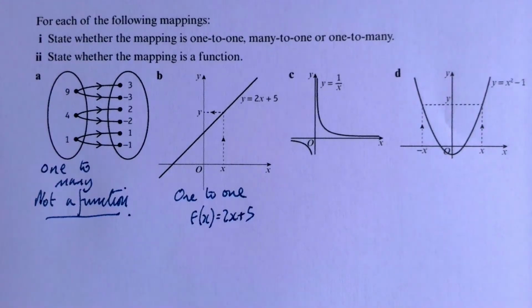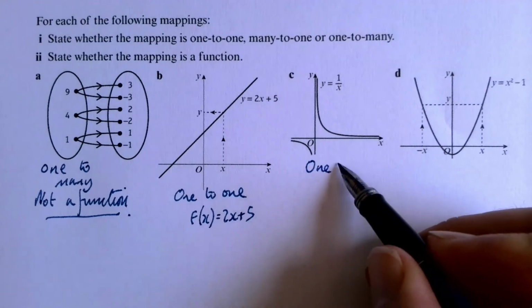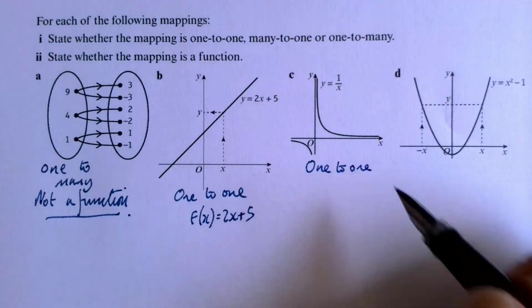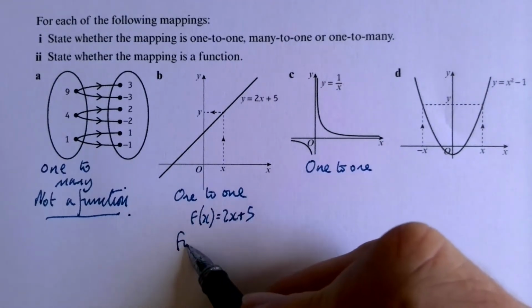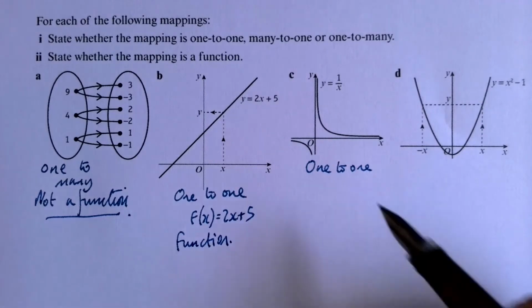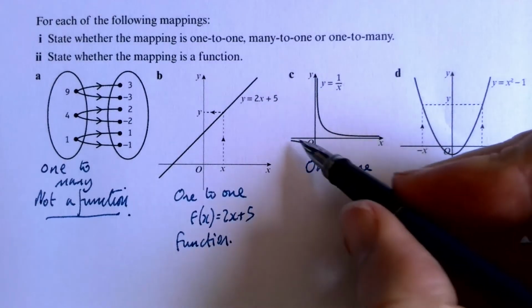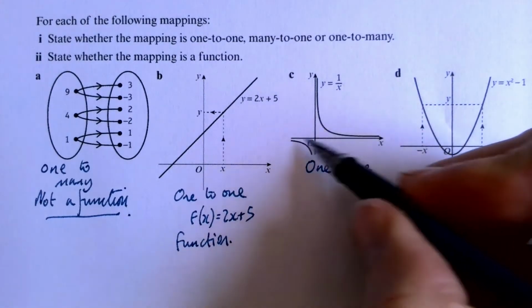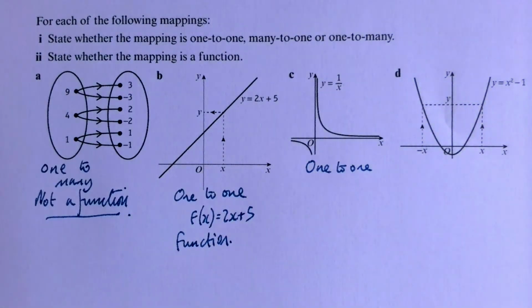Coming to the next one, every value of x does have one value of y, sorry, that was a function, but this here is not a function because we have an asymptote. We've actually got two, but we've got one that's important for when we're having our values of x.